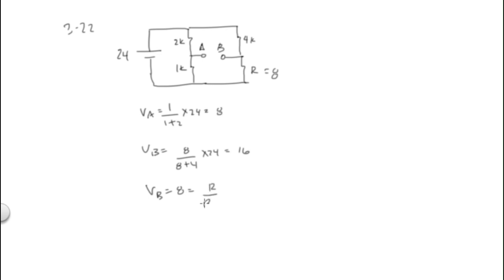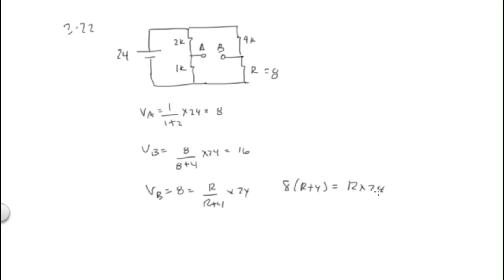R over R plus 4 times 24. So that has to equal, that's an unknown. So basically I have to say 8 times R plus 4 is equal to R times 24.